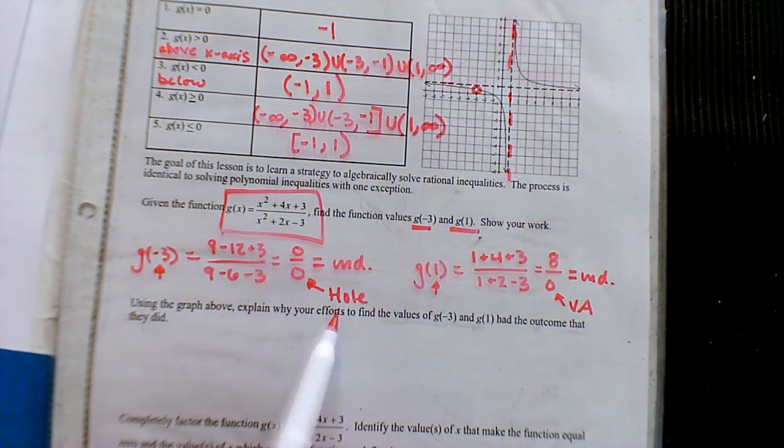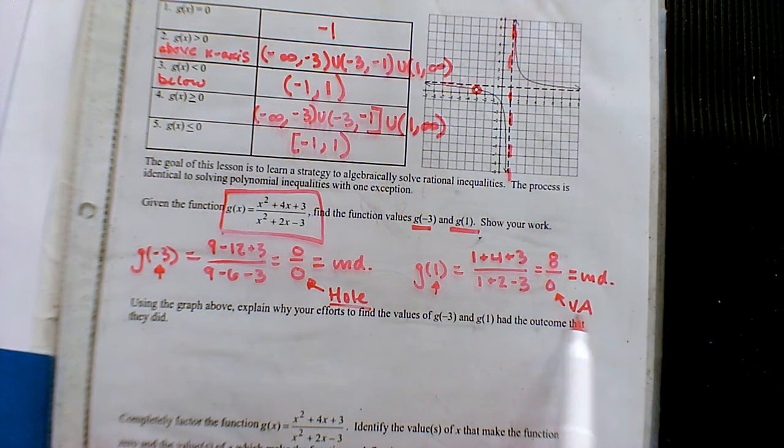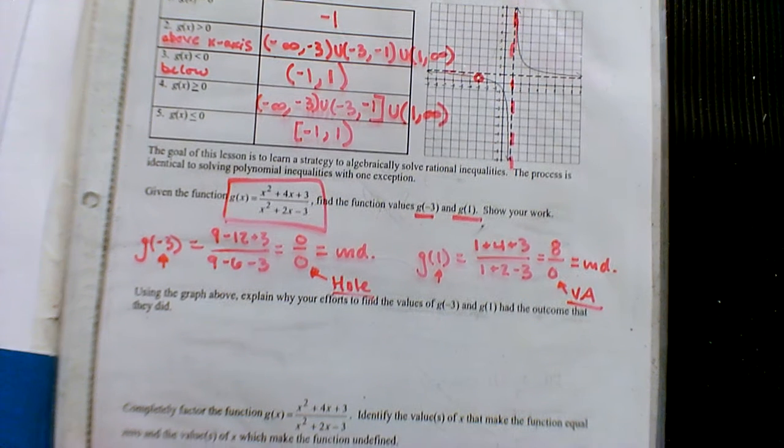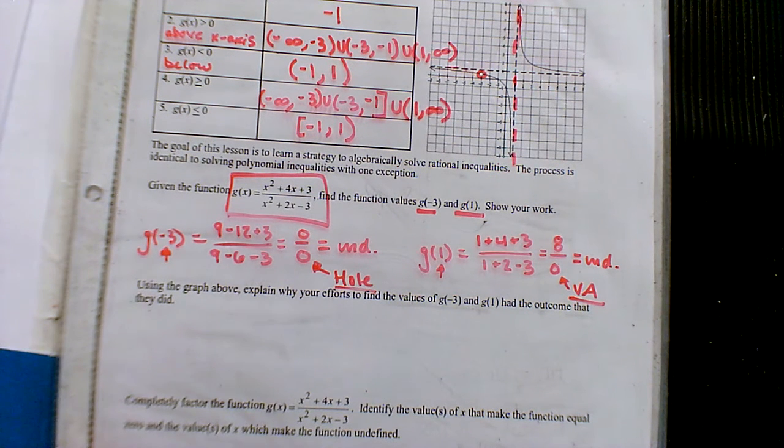Okay, so 0 over 0 signifying a hole, number over 0 signifying a vertical asymptote. So what's nice is if we can somehow figure out what makes the bottom of the fraction 0, we automatically can find those interesting characteristics on the graph.